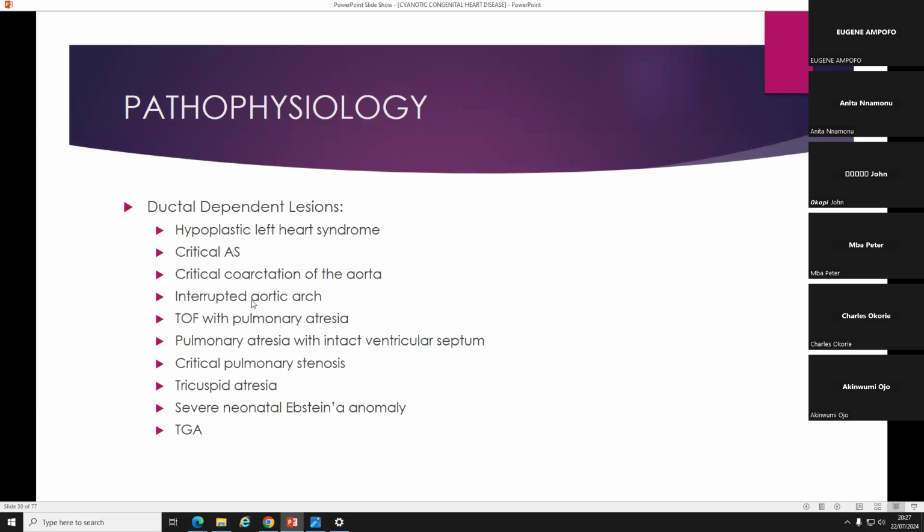So just to summarize, the ductal dependent lesions, those that require ductus arteriosus, patent ductus arteriosus: hypoplastic left heart syndrome, critical aortic stenosis, critical coarctation of the aorta, interrupted aortic arch, tetralogy of Fallot with pulmonary atresia, pulmonary atresia with intact ventricular septum, critical pulmonary stenosis, tricuspid atresia, severe neonatal Ebstein's anomaly, and transposition of the great arteries.